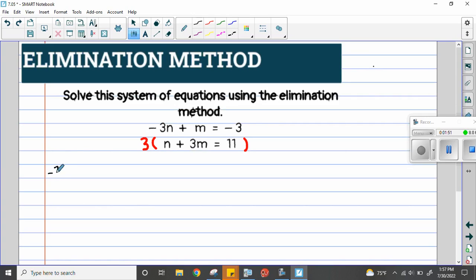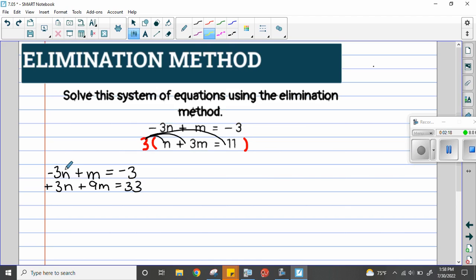I did not change anything in the top equation, so that stays exactly the same. In the bottom equation, I multiplied everything times 3. So it becomes plus 3n plus 9m equals positive 33.